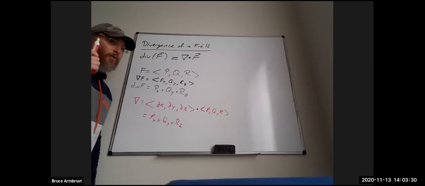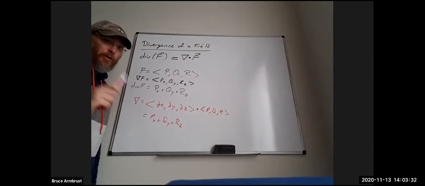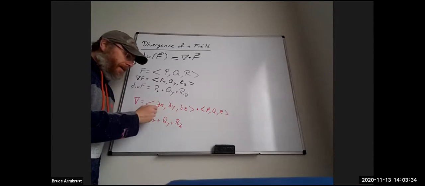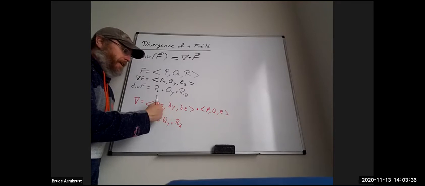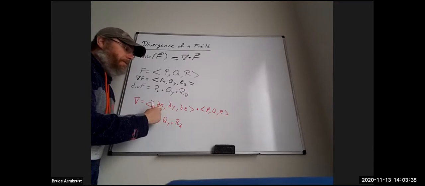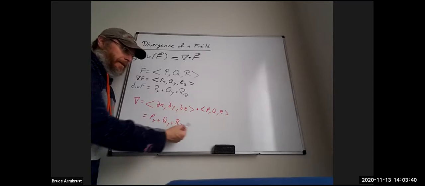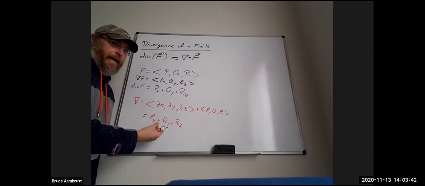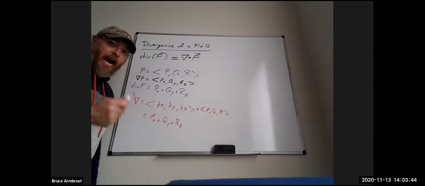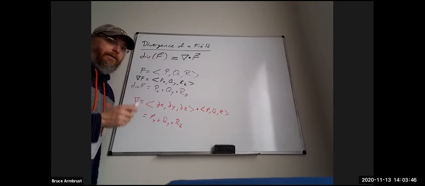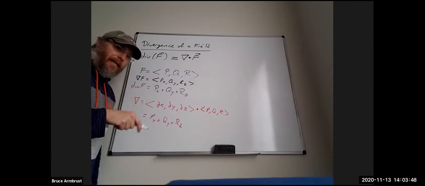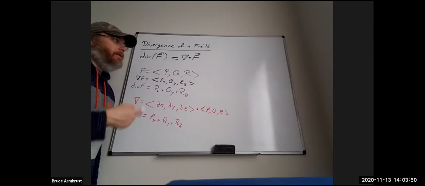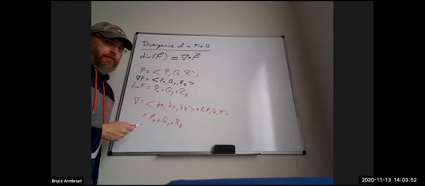So it's not really a dot product, because this is not a vector. It's just saying we're going to take derivatives with respect to these things, and the dot would suggest we add them together. So it's not a dot product, but it acts like one, which is why you'll sometimes see that notation.